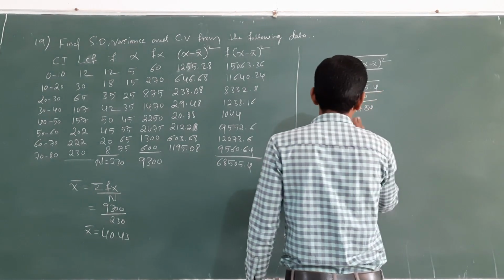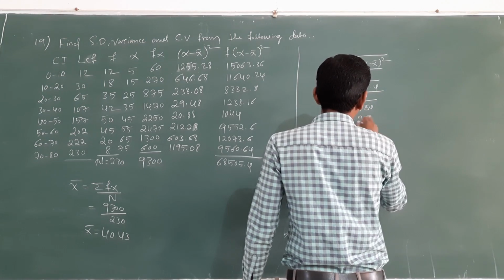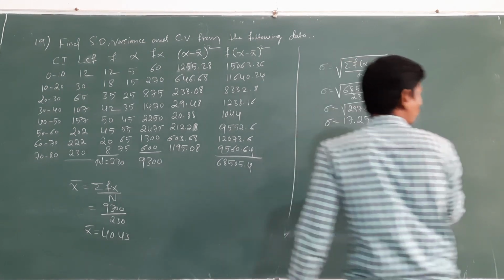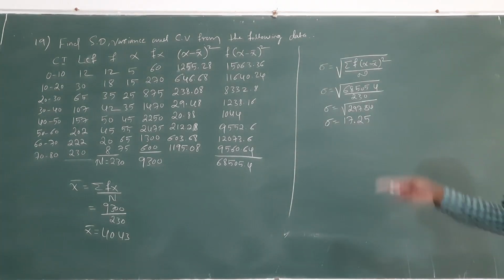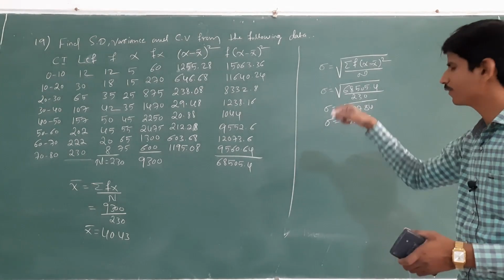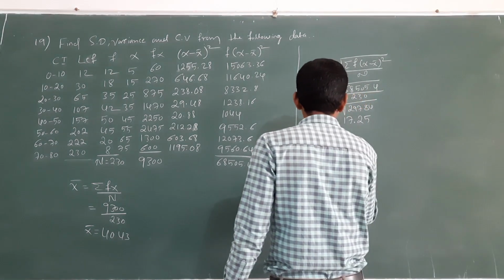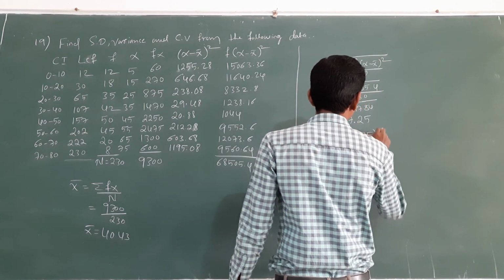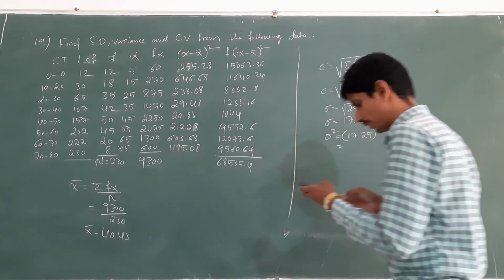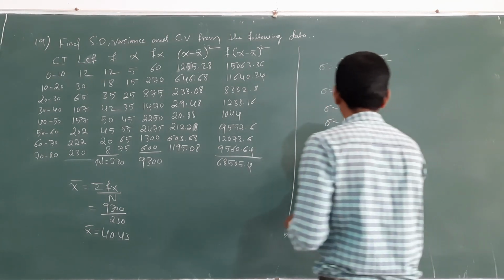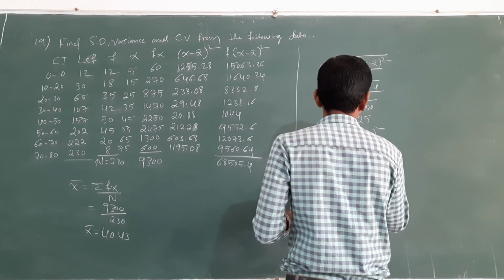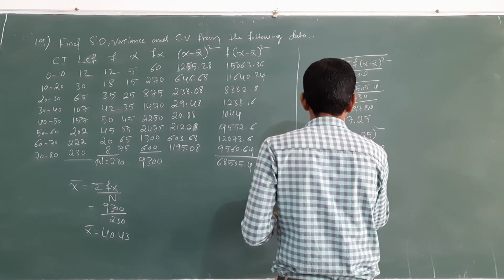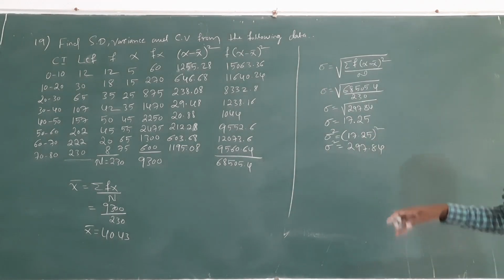Sigma equal to 17.25. The next we want variance. What is the variance? The square of the standard deviation is said to be variance. Sigma square equal to 17.25 square, that is 297.84.